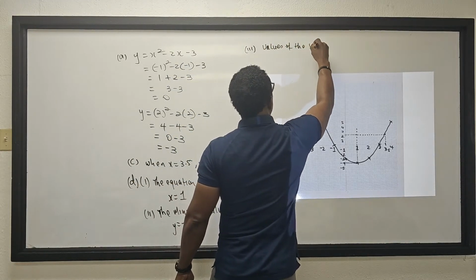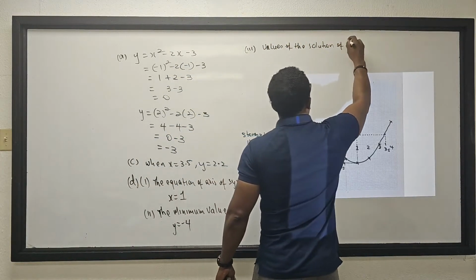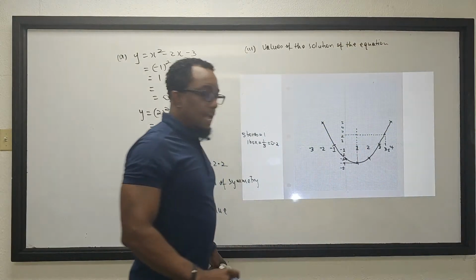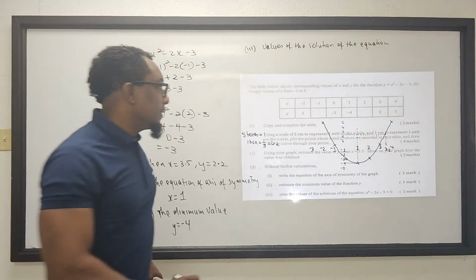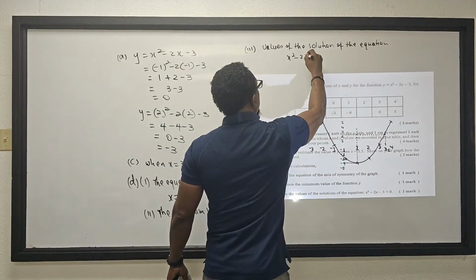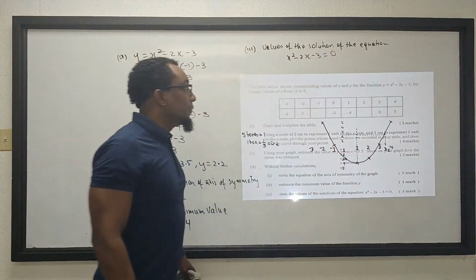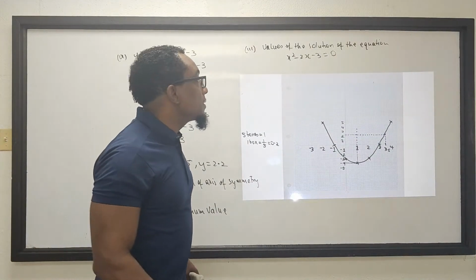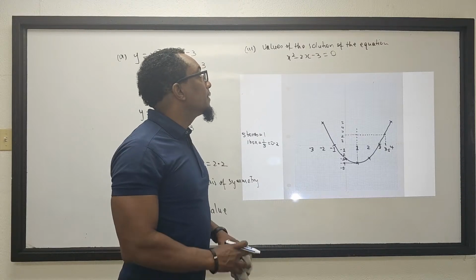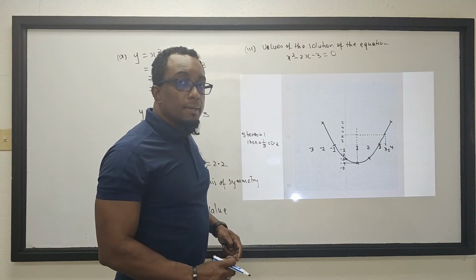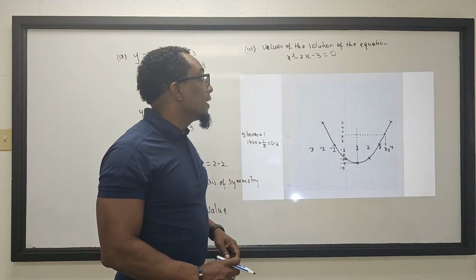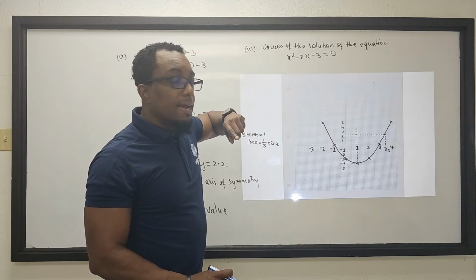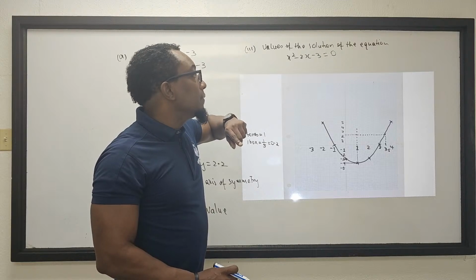And the equation is x squared minus 2x minus 3 equal to 0. The solution of the equation is simply where the curve cuts the x-axis, and that is a quadratic equation. When we solve a quadratic equation via the graph, we look to see where the curve cuts the x-axis.